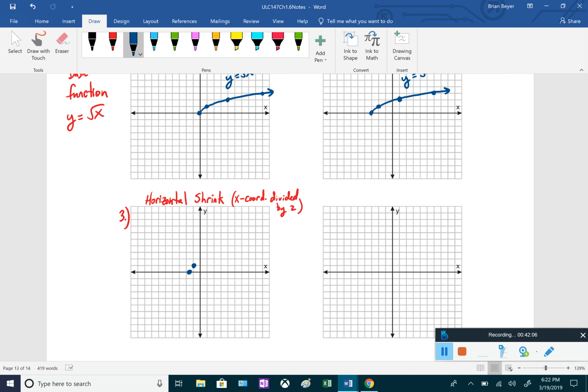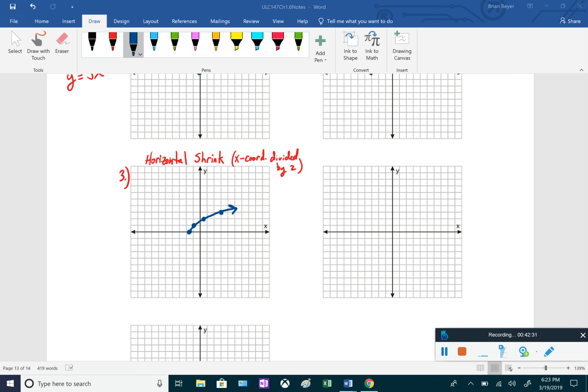Y-coordinate stays the same. Next, we have an x-coordinate of 1. 1 divided by 2 is 1/2. Y-coordinate stays the same. Lastly, we have an x-coordinate of 6. Divide that by 2, we get 3. And the y-coordinate stays the same, which was also at 3.